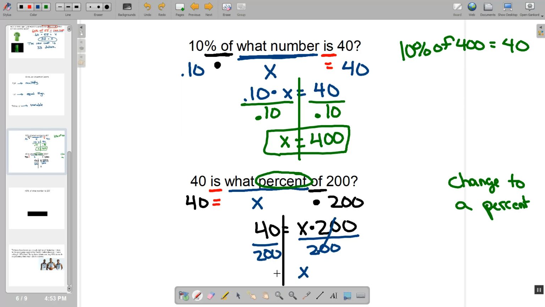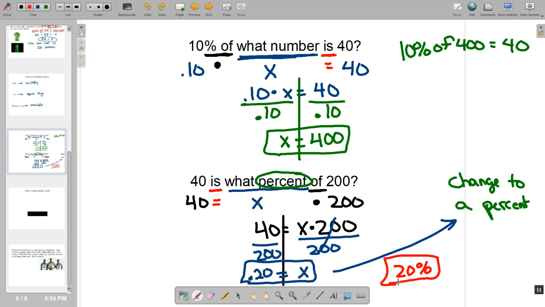And I get x is equal to 20 hundredths. If I converted that fraction to a decimal, which I'm going to let you do on your own because we have done that a lot. But we have to change it to a percentage. 20 hundredths is the percent of 20%. And that is my final answer.